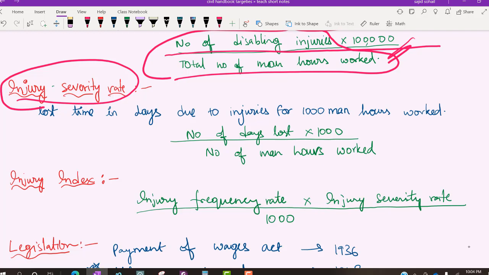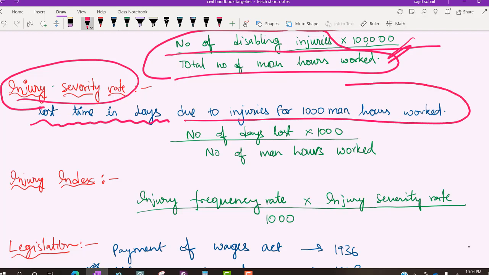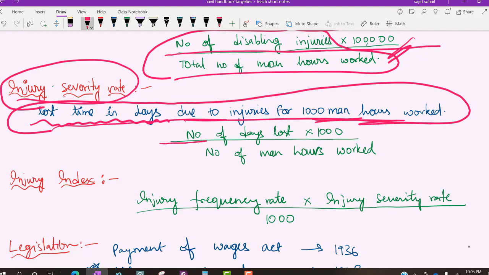So it is given by lost time in days due to injury for 1000 man hours worked. More the lost time, more is the severity of injury. Common sense की बात है. So lost time in days due to injuries per 1000 man hours worked, we are calling it as injury severity rate. So it is nothing but number of days lost divided by number of man hours worked into 1000.